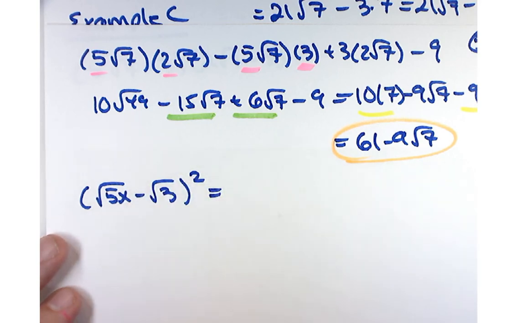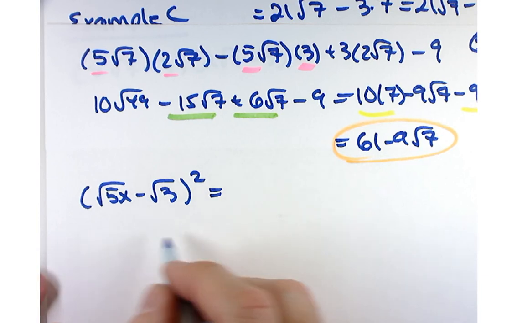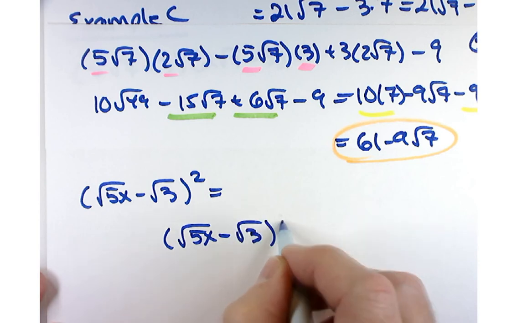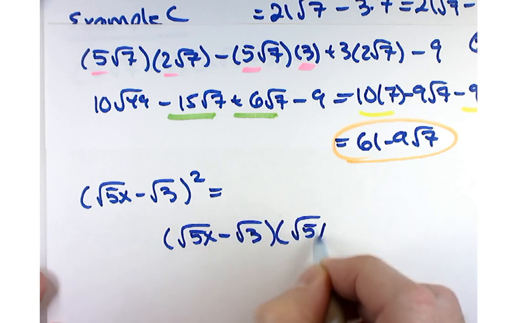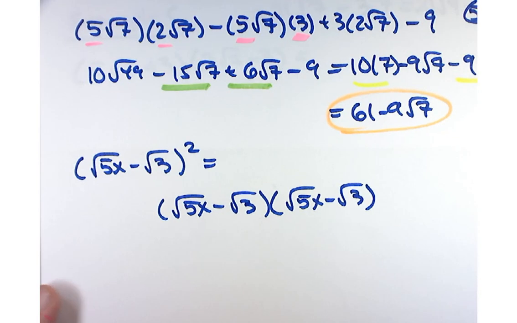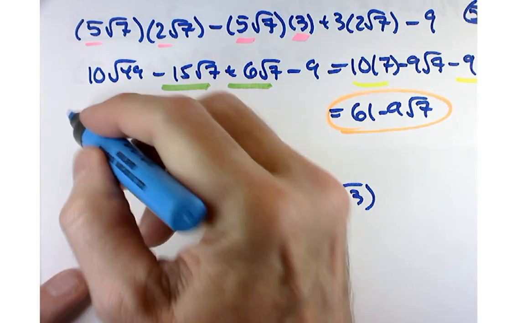That's what I was kind of hinting at. You write this thing twice. So when you're squaring something, you're multiplying it by itself. So I want to start by writing square root of 5x minus square root of 3 twice. And then work from it.